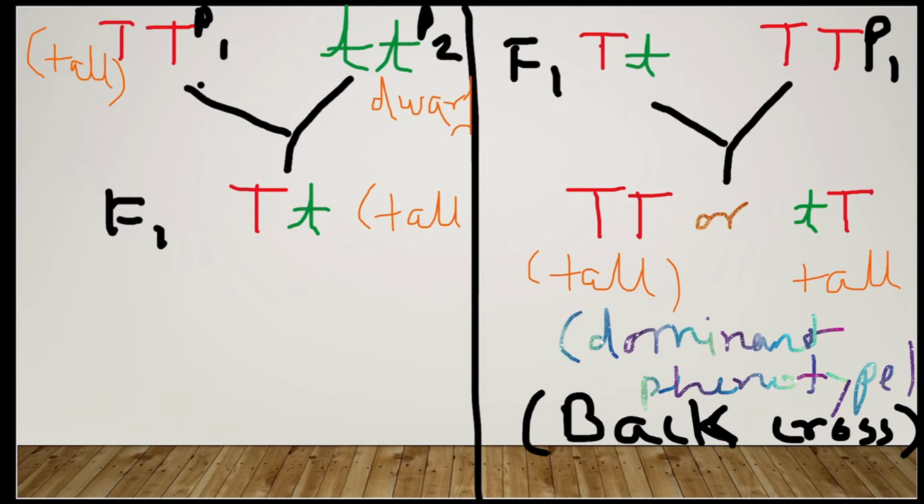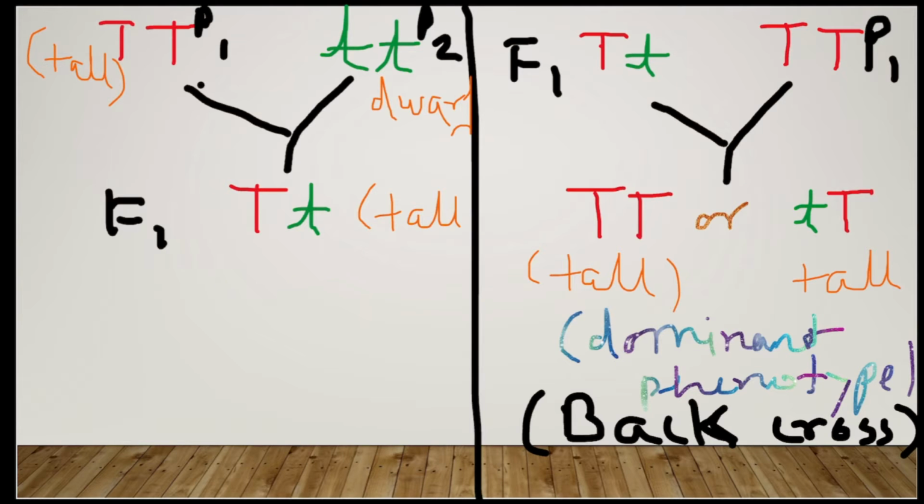In the next half of the slide, I am taking heterozygous F1 variety and crossing it with the dominant parent. See here, both the alleles are capital or dominant, then we obtain the next generation, in which both plants will be tall variety by phenotype.